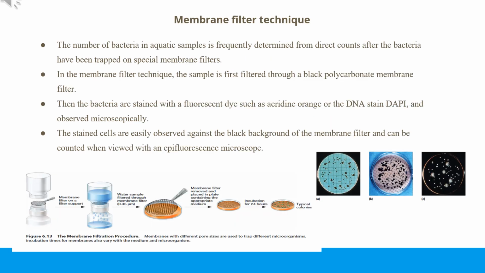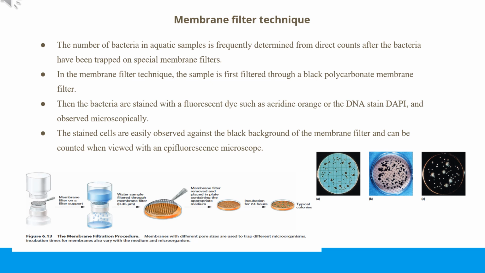The number of bacteria in an aquatic sample is frequently determined from direct counts after the bacteria have been trapped on special membrane filters. So it is used for aquatic bacteria, and in this membrane filter technique the sample is first filtered through a black polycarbonate membrane filter.